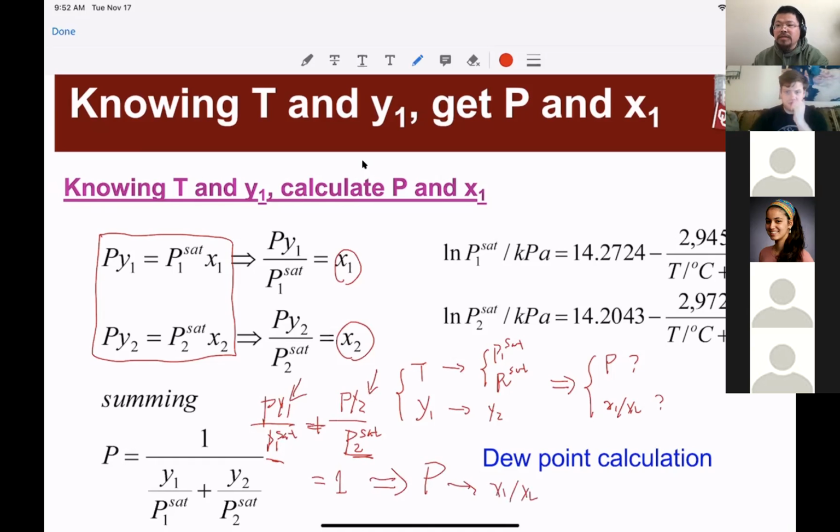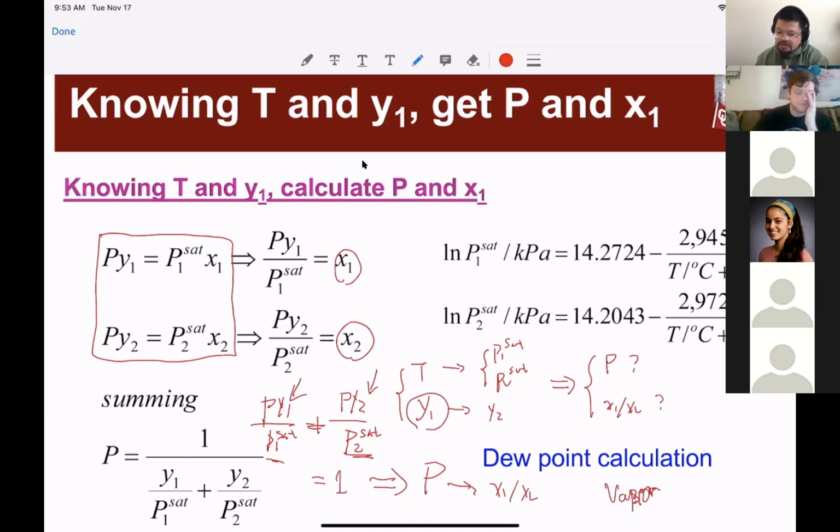Do you always do dew point calculations when Y1 is known, but bubble point calculations when X1 is known? Yes, that is suggested by the name. If we are starting from the vapor, this is why we know Y1.